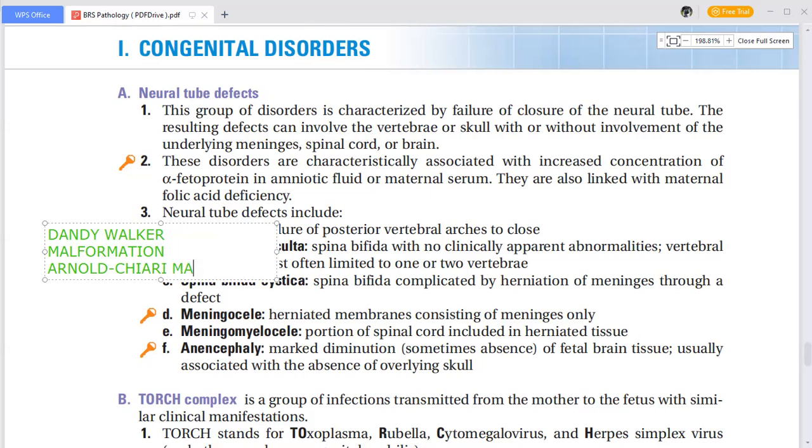And there's Chiari type 1 and type 2 malformations. So this one is branched into two: you have type 1, then you have Chiari type 2.